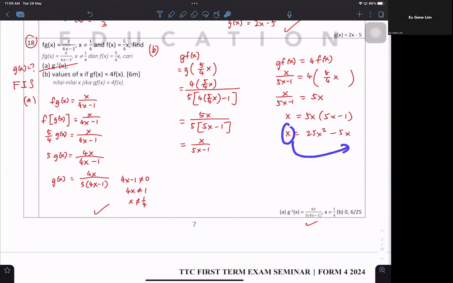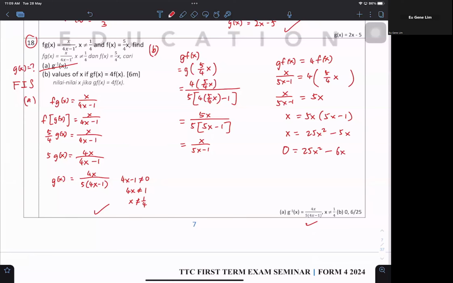Easier. 0 equals to 25x squared minus 5x plus x is minus 4x. Sorry, minus 5 minus 4 is minus 6.